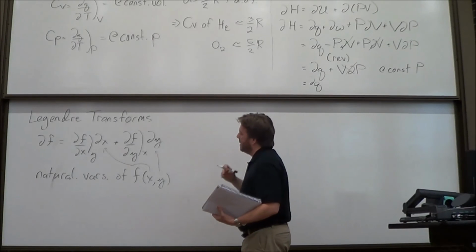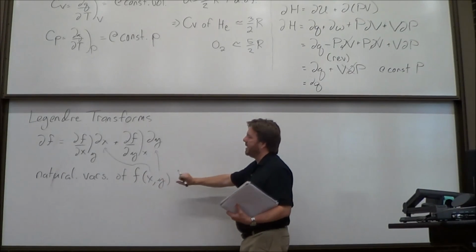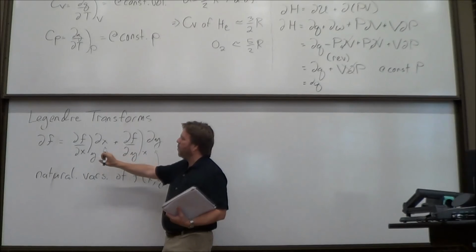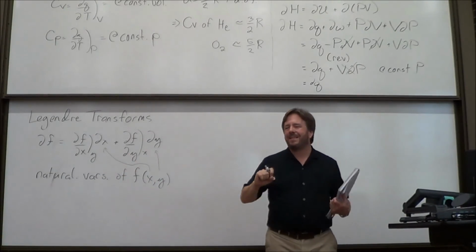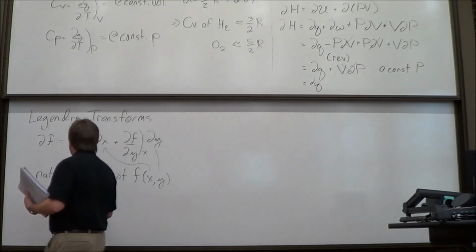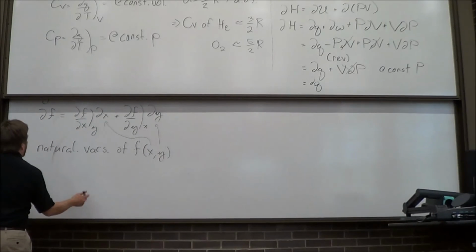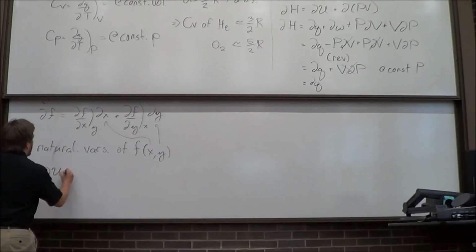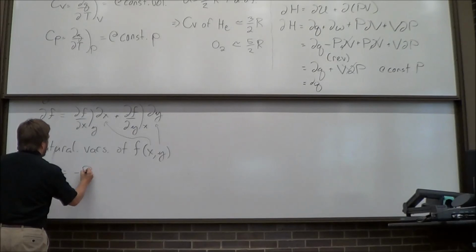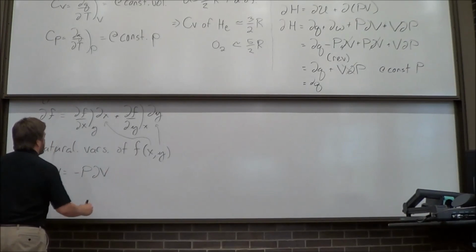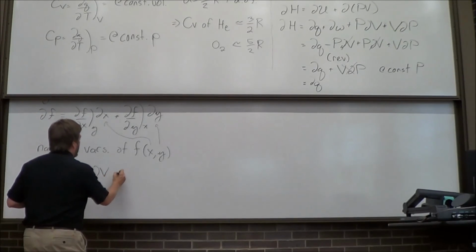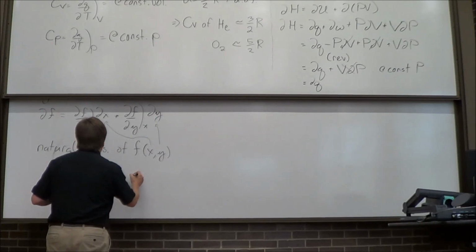So now what I want to do is manipulate that and decompose this a little bit more. Now again, I said the function would be like u and h, and the x's and y's would be like p's and v's. Let's look at something like this: change in u is minus p dv. Let's go ahead and give an example. So f is what?